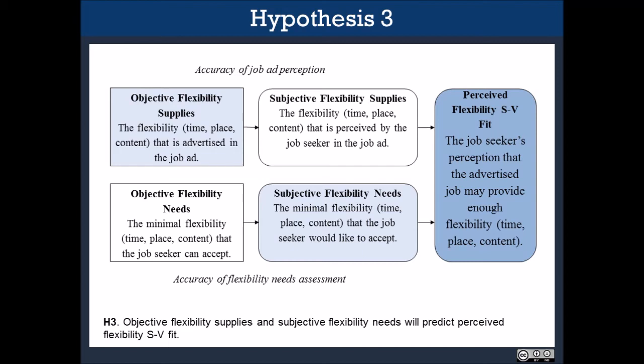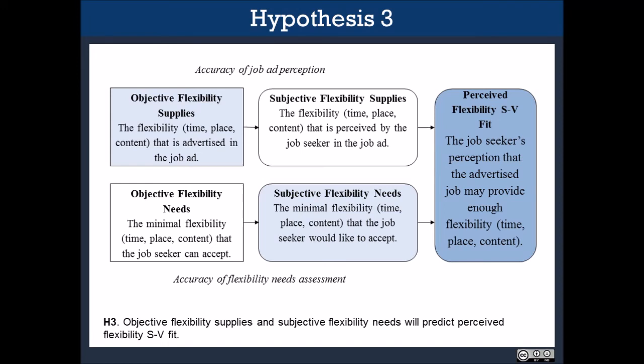And finally, the third hypothesis is combining the previous two. So this would be about being able to predict the sense of fit based on the objective supplies, so the actual content of the job ad, and subjective flexibility needs. So this is the needs as stated by the individual.